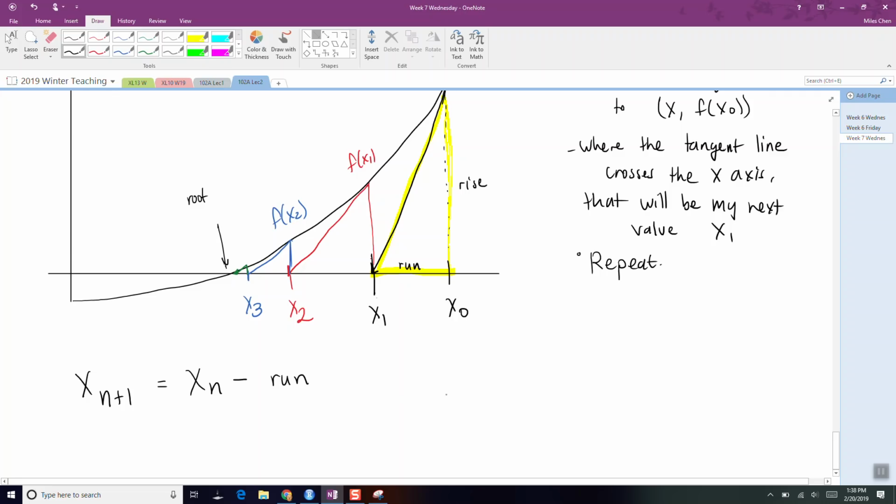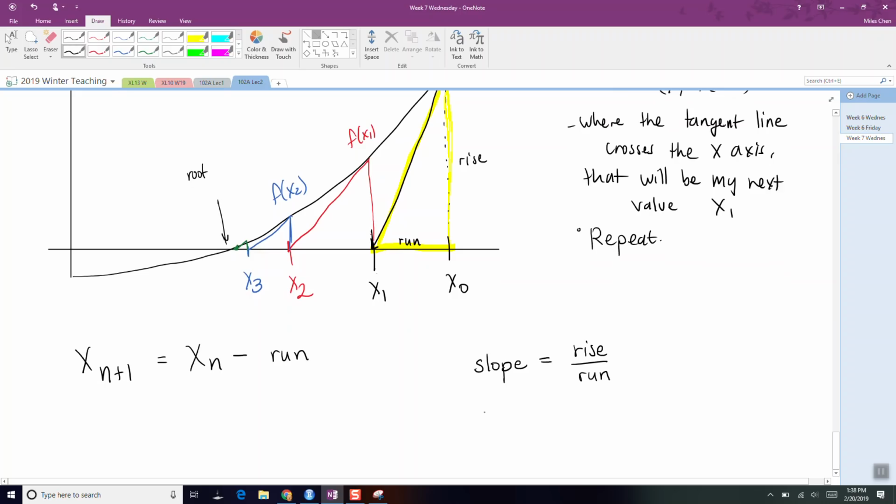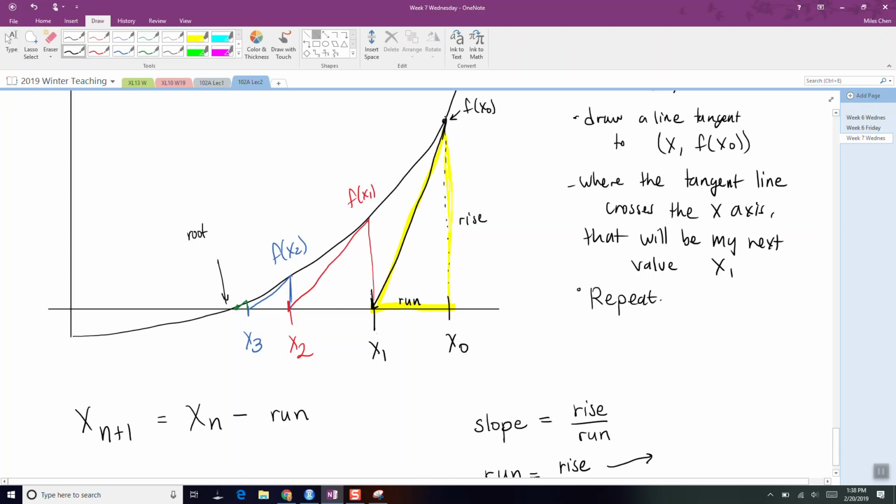Okay, well let me say, let's do slope is equal to rise divided by run. Is that okay? And I can rearrange things, and I can say run is equal to rise divided by slope. Is that good? Okay, the rise, what is the rise equal to? The rise is going to be the height, f of xn, basically minus 0, right?